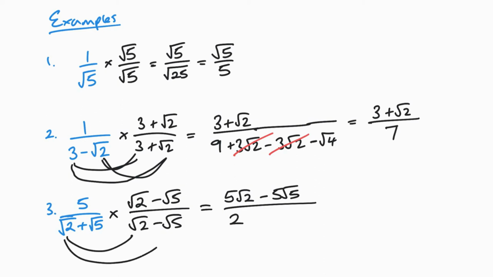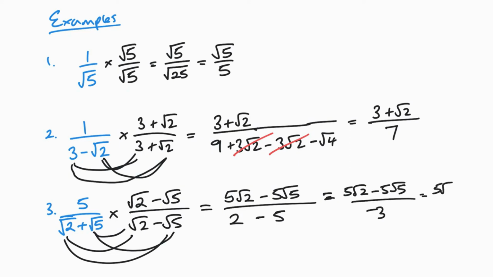When I do this one and this one, root 2 times negative root 5 and root 5 times root 2, they're going to cancel out. My other concern then is root 5 times negative root 5, which is negative 5. So we've got 5 root 2 minus 5 root 5 over negative 3, or, swapping my signs around, 5 root 5 minus 5 root 2 over 3.